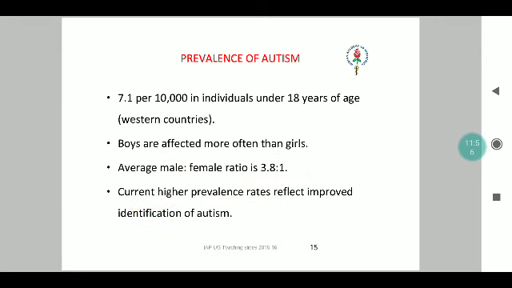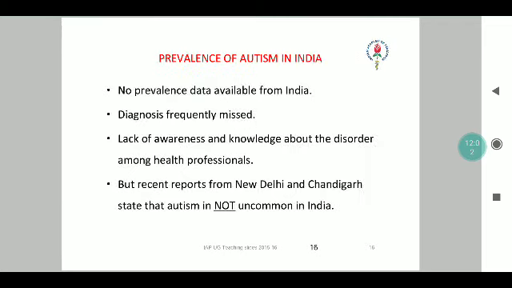Because all the while, diagnosis is itself a stigma, and people do not want to come forward for screening, and it tends to get neglected. Now, within the Indian context, there is very limited data available, and diagnosis is frequently missed because of the social stigma. However, with an increasing trend of awareness and knowledge among health professionals and an increase in the general educational level of the general public, there has been an increased amount of awareness, and studies which have been published from Delhi and Chandigarh have shown that the incidence of autism is also increasing in India as well.